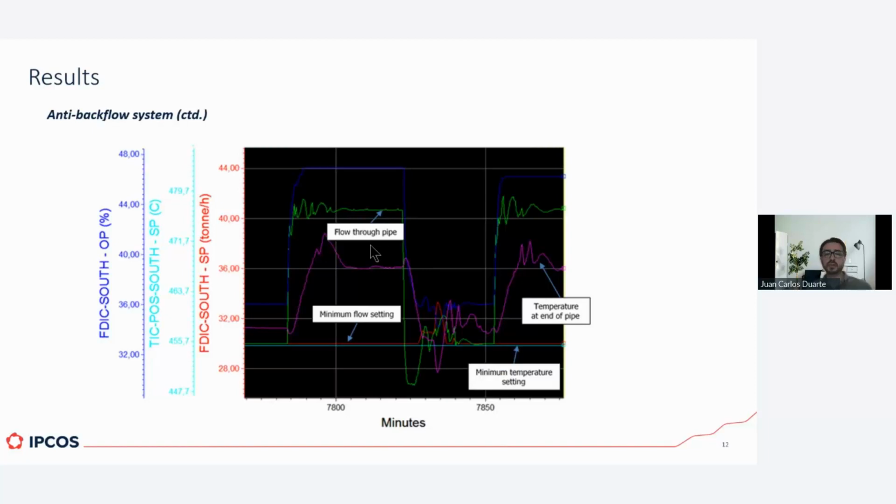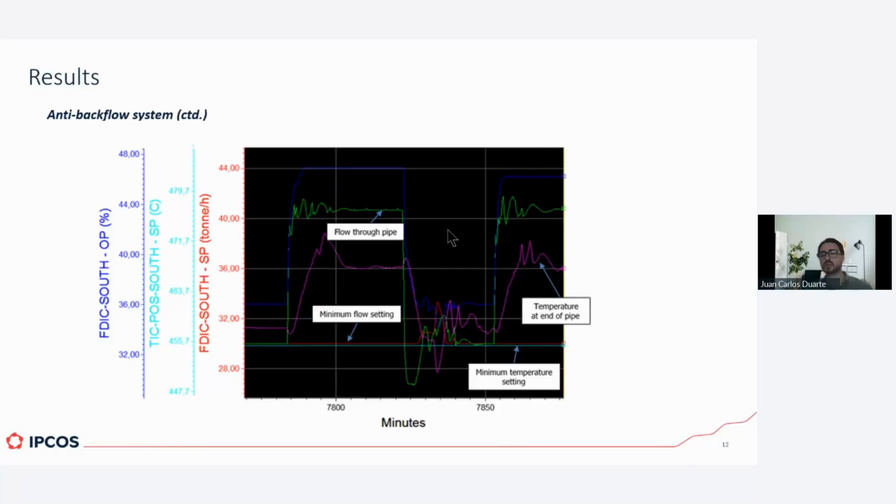So yeah, here you see a simulated example of how this anti-backflow system would work. I'm not going to go into details, but basically it's just avoiding the flow going to zero. In fact, the minimum flow was going to be, in that case, 30 tons an hour, whatever was the case. So yeah, there were some special controls making sure that that was the case.